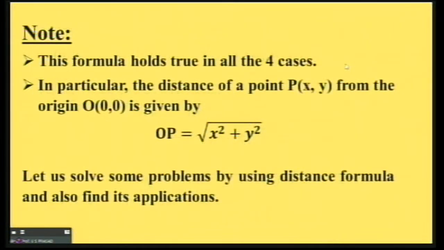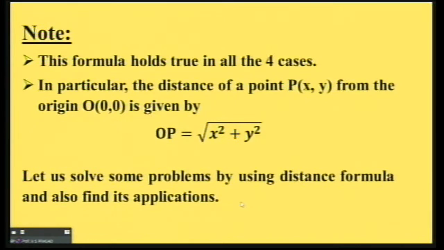In fact, we can observe this formula holds true in all four cases. It is a generalized situation, so in any case we can apply this formula. In particular, if one point is the origin and the other is any point P(x, y) on the plane, then taking the coordinates of the origin as (0, 0), the formula can be simply written as OP equals the positive root of x square plus y square.